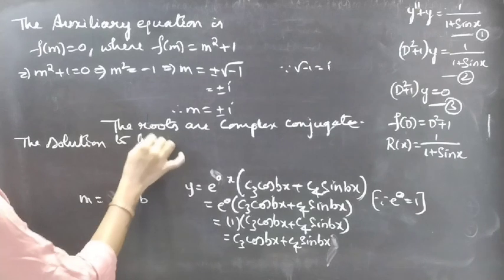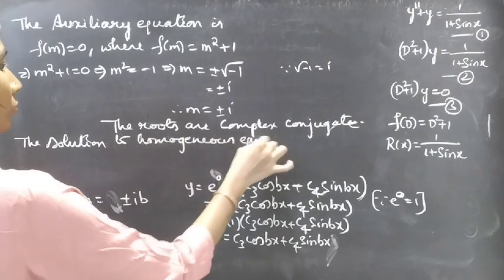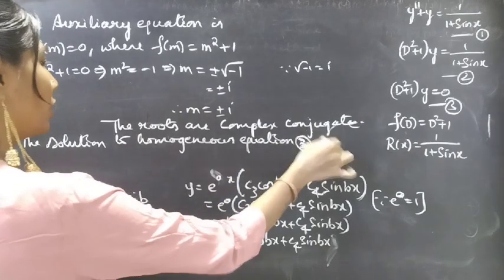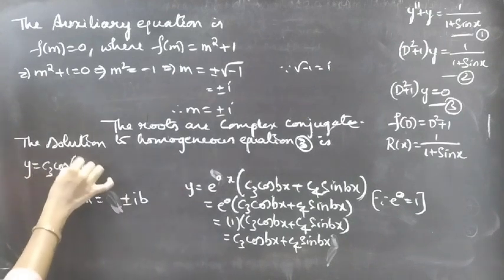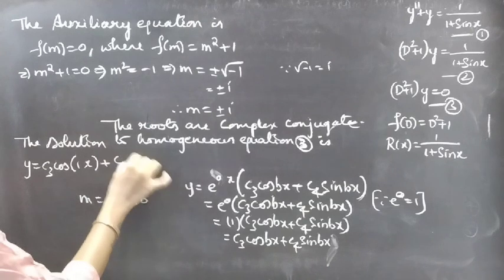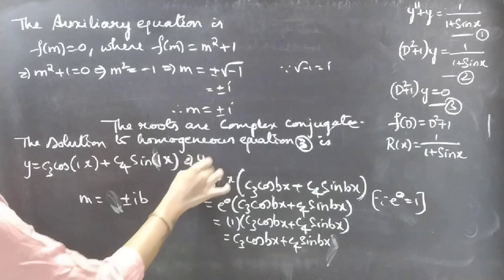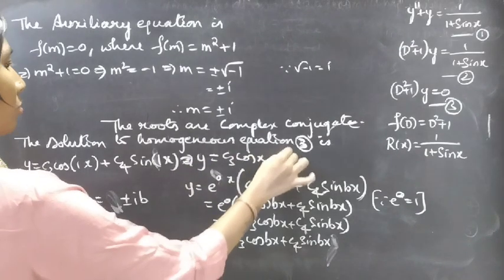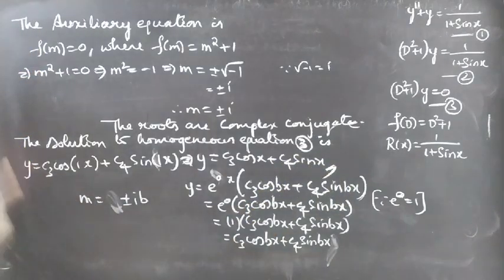The solution to homogeneous equation number 3 is y equal to c3 cos bx plus c4 sin bx. That is, y equal to c3 cos x plus c4 sin x, which is the solution of the homogeneous equation 3.